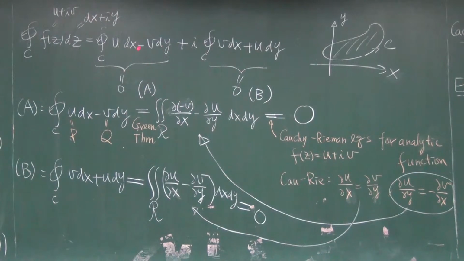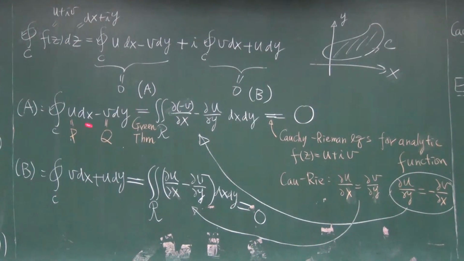Here we put this integral downward, and then we apply the Green theorem. According to the Green theorem, we try to perform the partial differentiation with respect to minus v and the partial differentiation with respect to u. Why? Because u dx minus v dy equals P dx plus Q dy in a standard form.